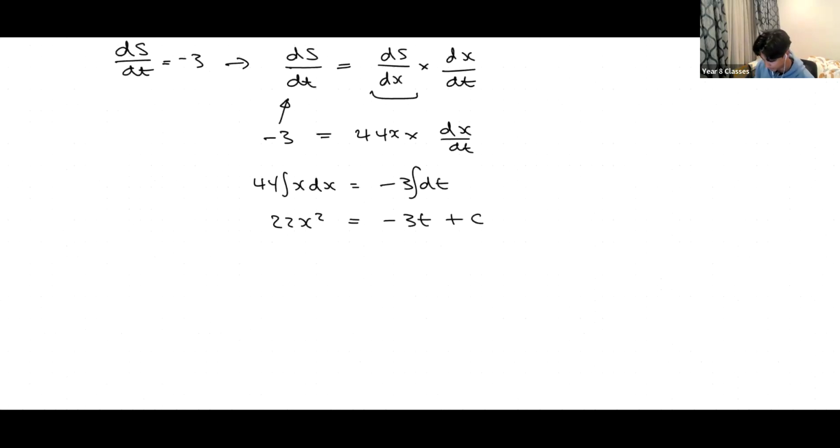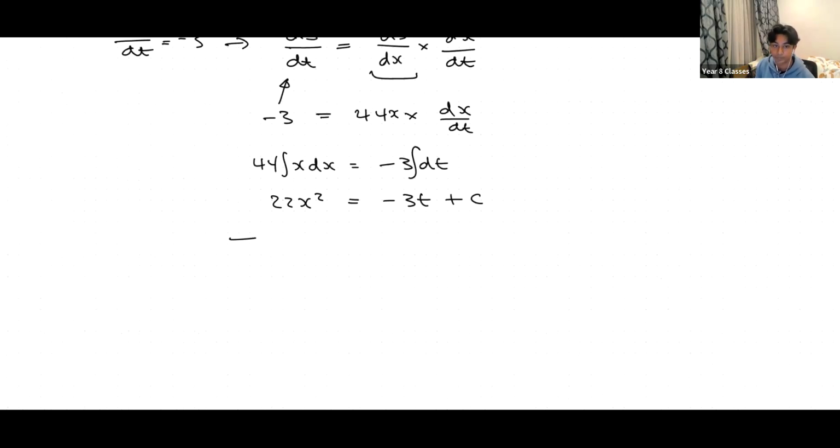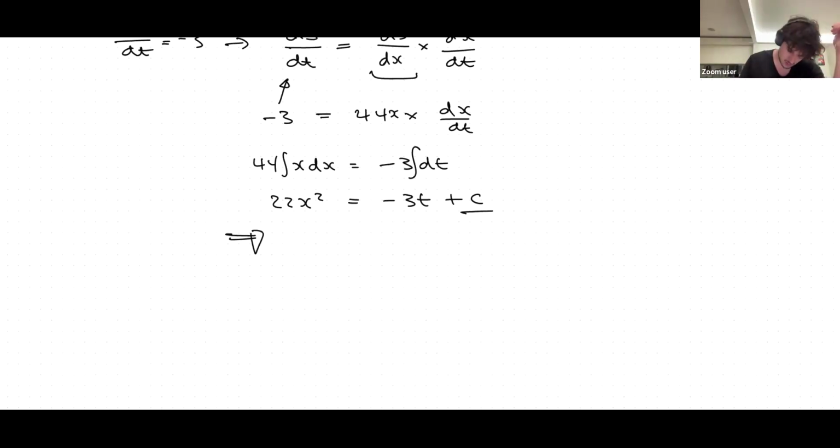And do we have any conditions that we know that we can set to find plus c? Like what it starts at? The time starts at 0. And what is x going to start at? It started at 10.